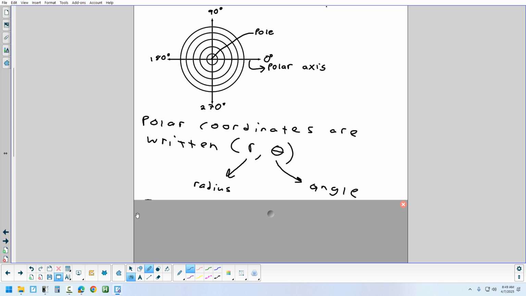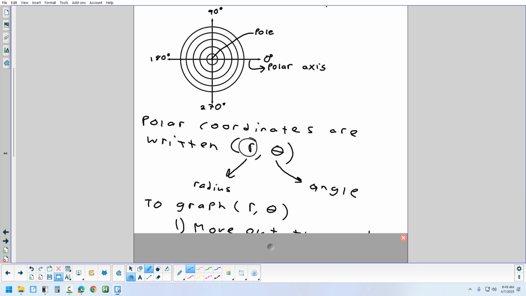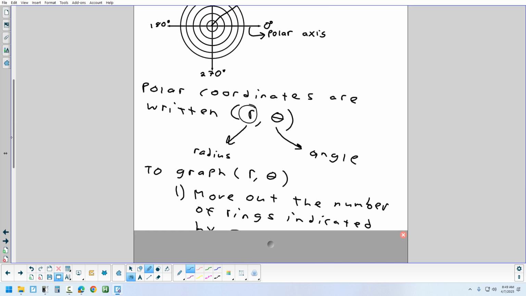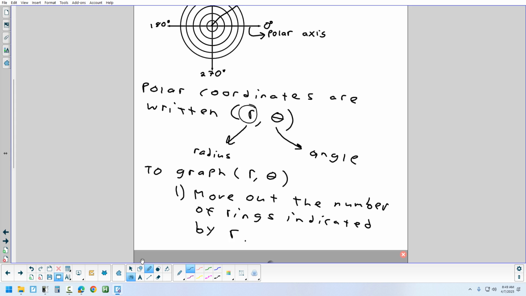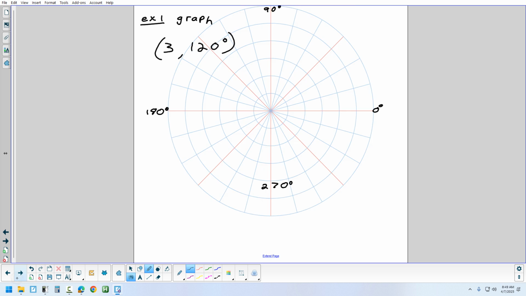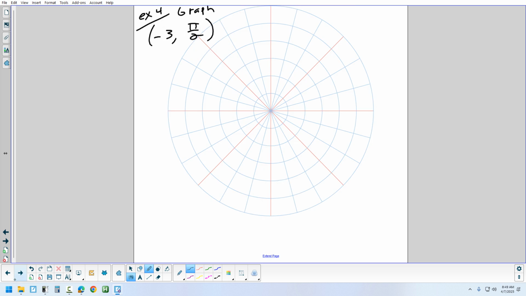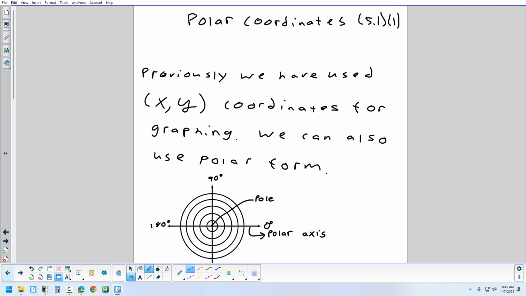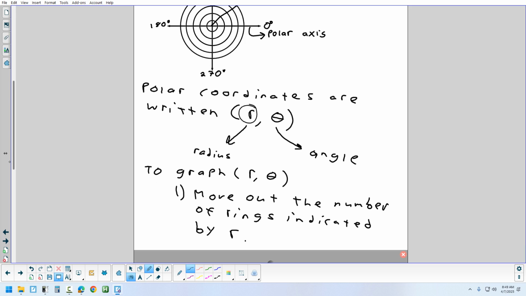So the first number you look at is the r. To graph that part of the coordinate, you're going to move out the number of rings indicated by r. Now r can be one of two kinds of numbers. R can be a positive number, like it is in that case, or it can be a negative number, like it is in that case. Whether it's positive or negative makes a difference.